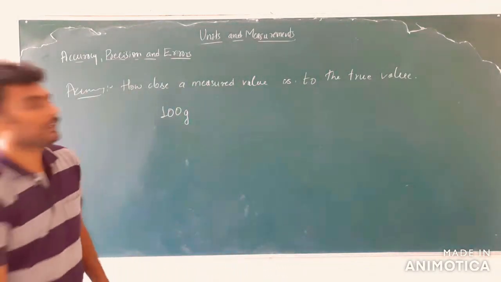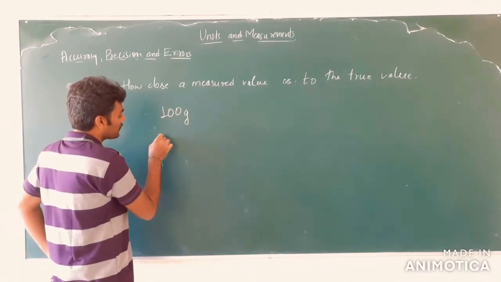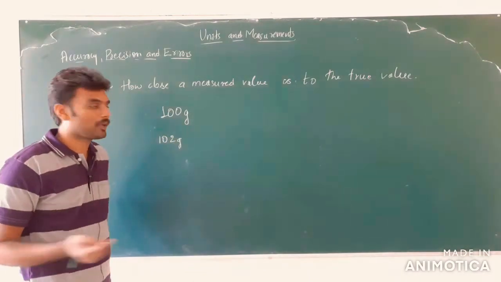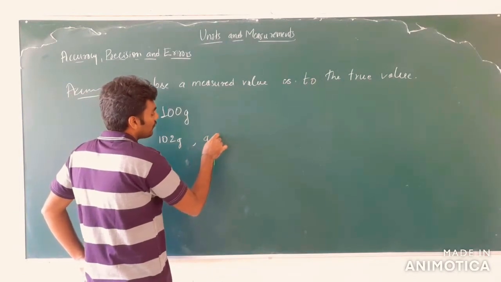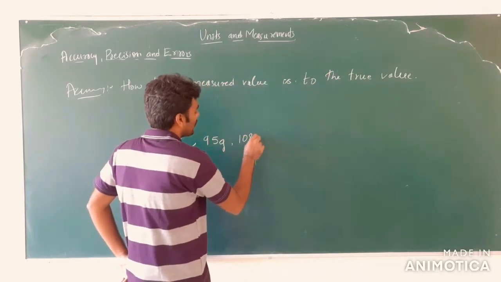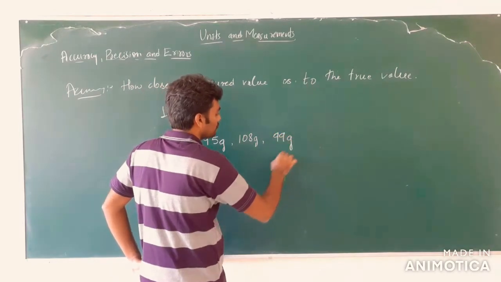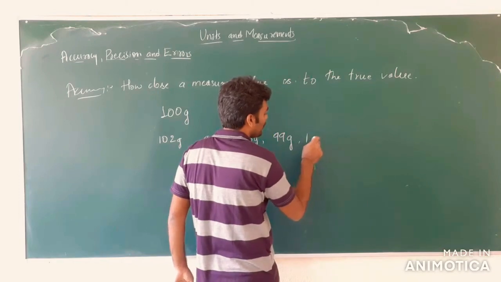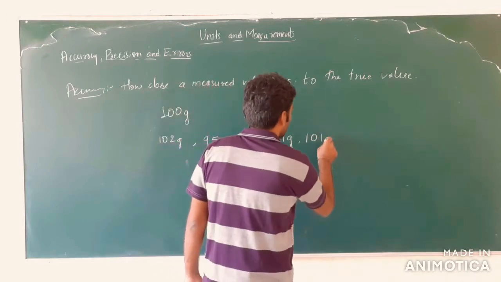So using different methods, if I measure the mass of the same toothpaste, I may get say 95 gram in one, say 108 gram in another, and another shows say 99 gram, and let me take one more which gives me 101 gram.